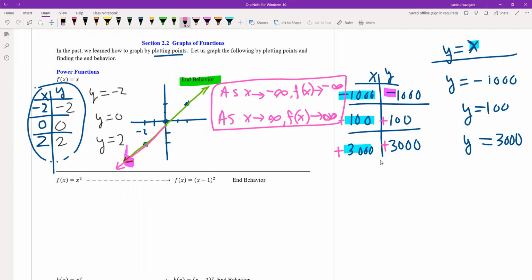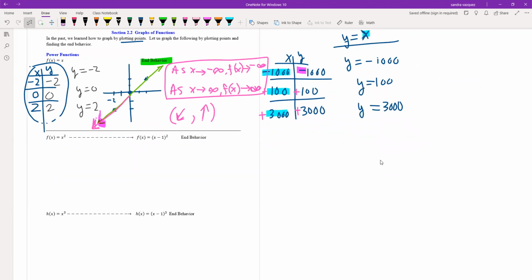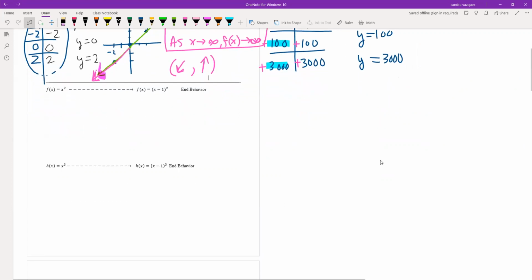You can also think for our class this way: if I pick very large negative values of x, it's going to drop to the left, you're thinking about the arrow. So it will drop left and then rise up to the right. We can think that way for our class, but if you're planning to go to calculus, then you have to do it the other way. Okay, let me go ahead and move on to number 2.